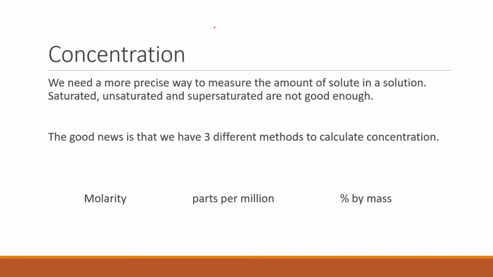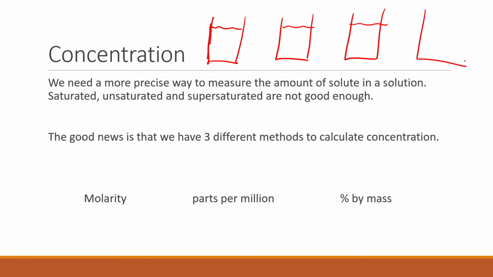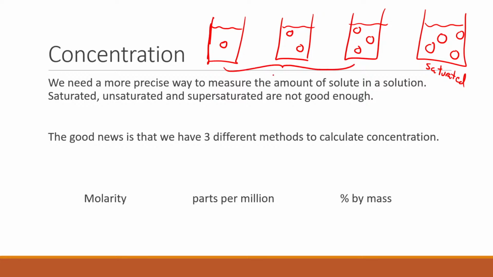Because as we saw in our video where we talked about what it meant to be unsaturated or saturated, we said that 4 orange dots, 4 dissolved ions, was saturated. And that means that 3 dissolved, or 2 dissolved, or 1 dissolved orange ion was all unsaturated.